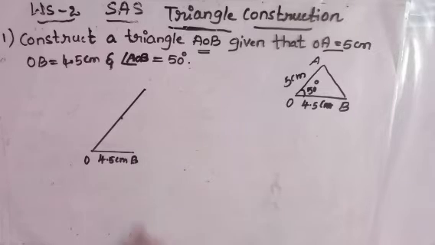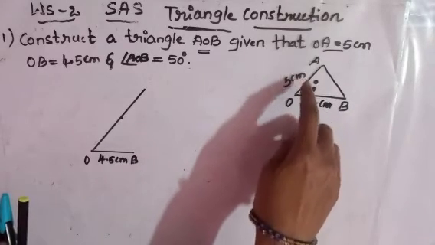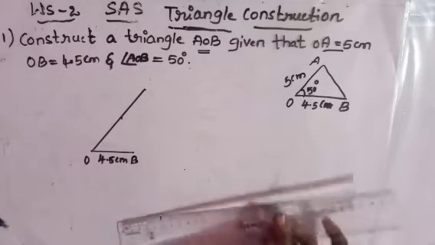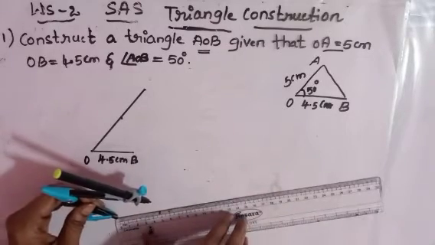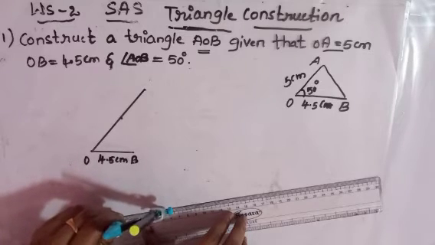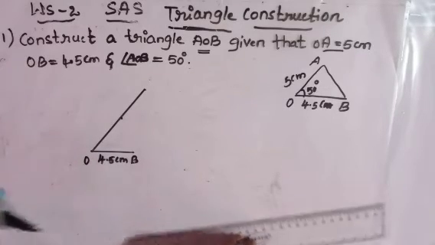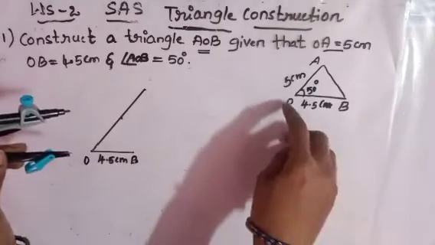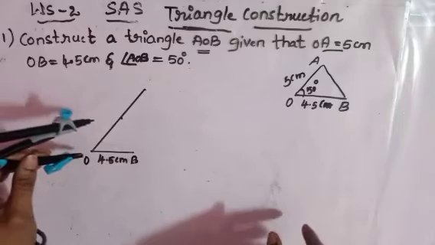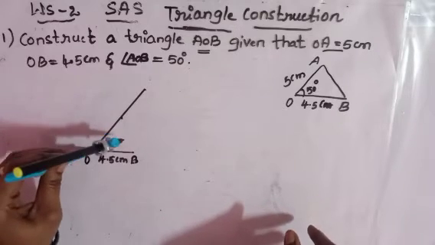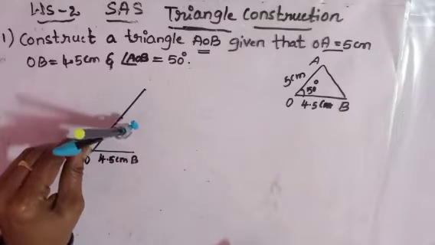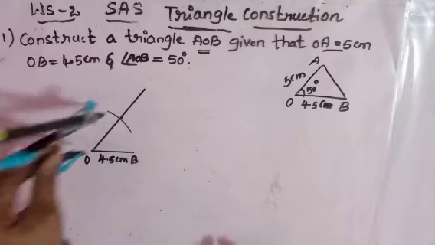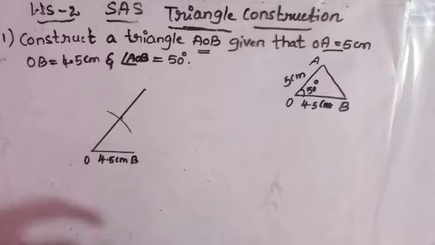Next, OA is 5 centimeter. So take the measurement of 5 centimeter with the compass. With the help of compass, let us take the measure of 5 centimeter. So it is exactly 5 centimeter. Take this compass and place it at O. OA is 5 centimeter means we have to place it at O and draw an arc on this straight line. So now it is an arc of 5 centimeter.